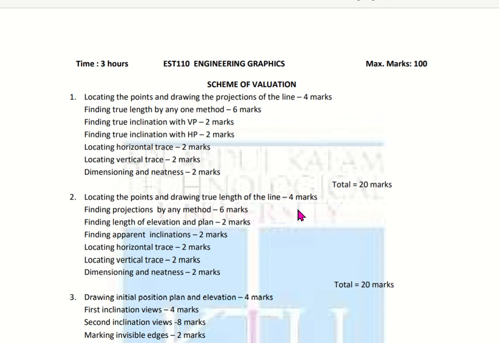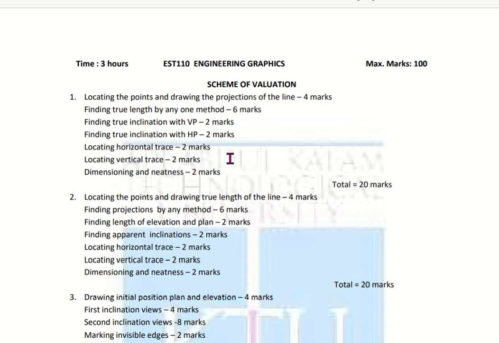And the scheme of evaluation, we have a proper evaluation scheme in this syllabus itself. It's very helpful to students on how to score good marks in this engineering graphics drawing subject. So go through these split ups. When you are learning each topic, you will get a detailed understanding of these split ups of the marks.